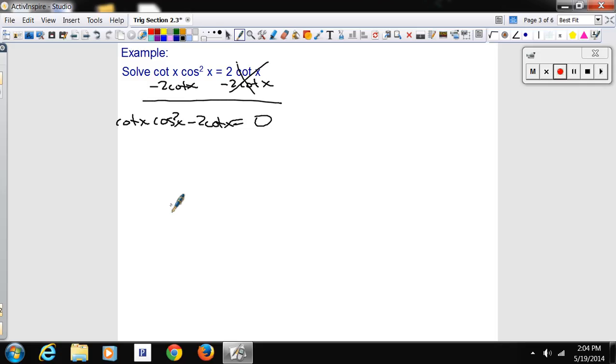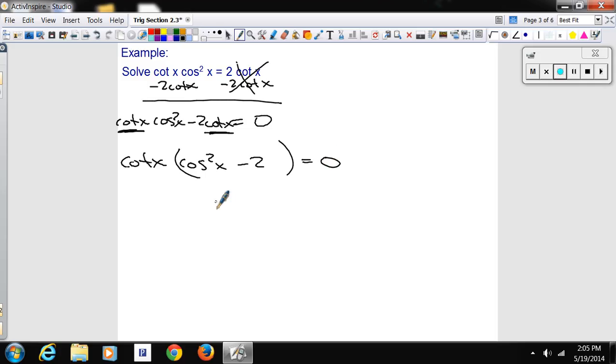You're going to need to be able to see a GCF, greatest common factor. Which one is a common factor here? Cotangent. They both have a cotangent of x. So take that cotangent of x out and see what would be left over. You'd still have cosine squared, right? So this cosine squared would still be there, and you would just have the 2.